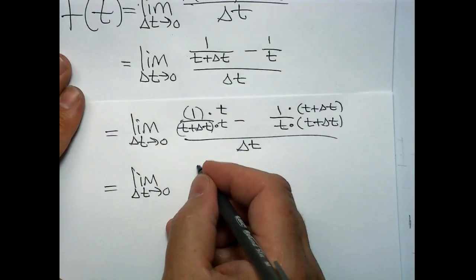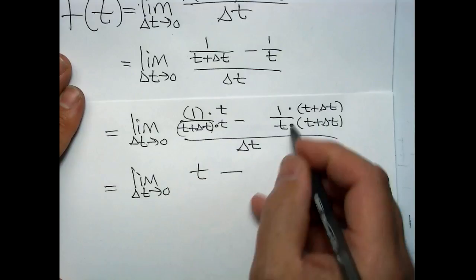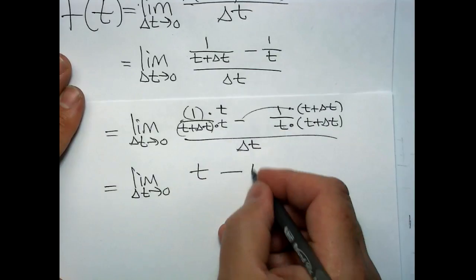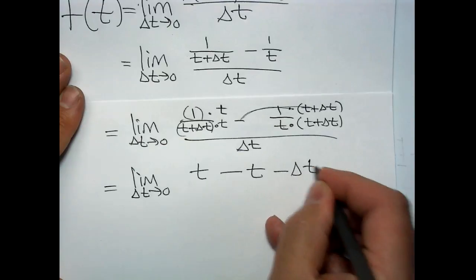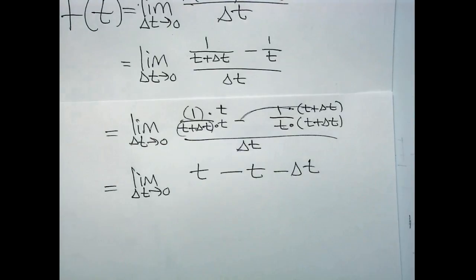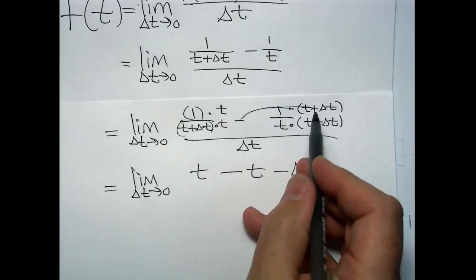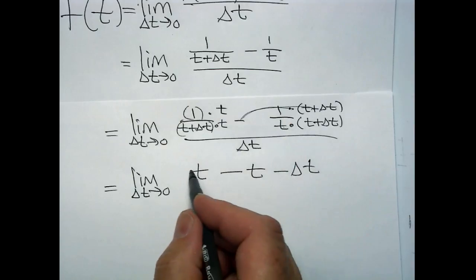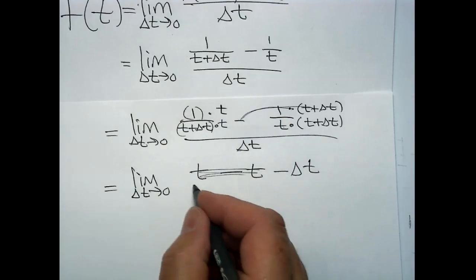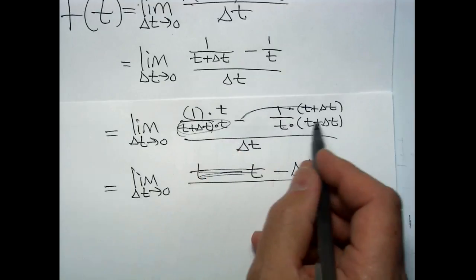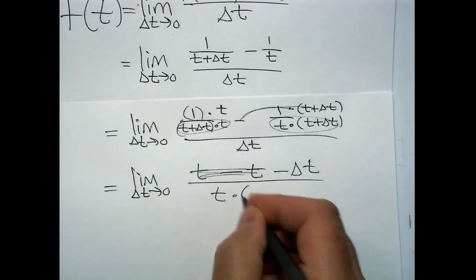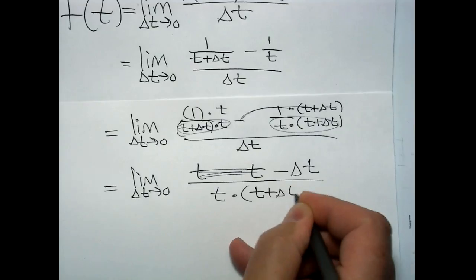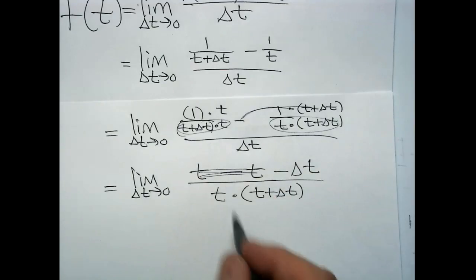Well, up top here I have the letter t minus, now distribute through, you get a t, distribute through, and you get a minus delta t. That's what I see up there. T minus t minus delta t. Well, there's my arithmetic cancellation pretty quickly. But what's down below, don't forget you have the denominator, which is a t times t plus delta t. That is the common denominator between the two.